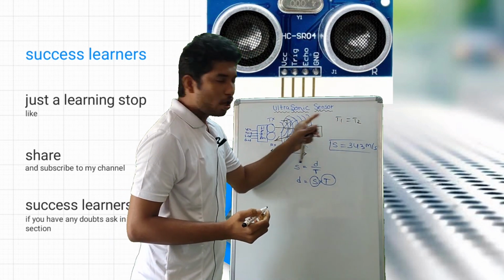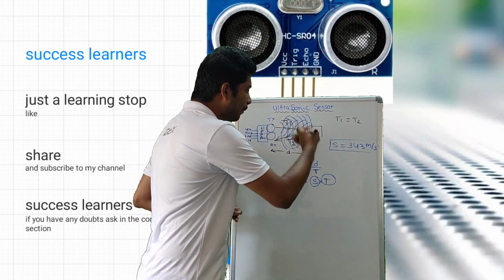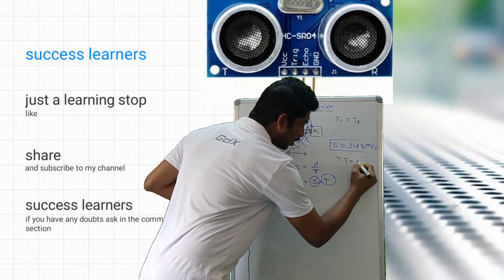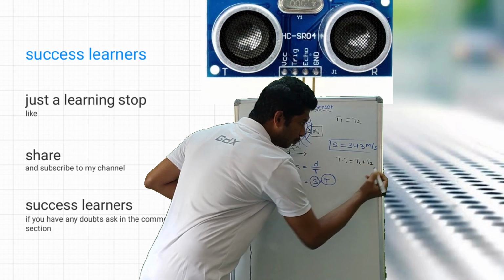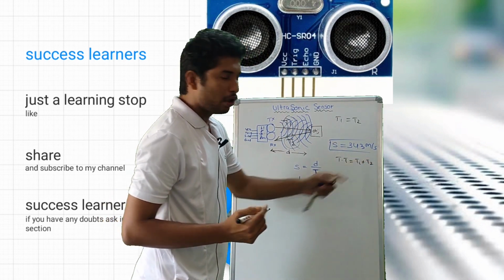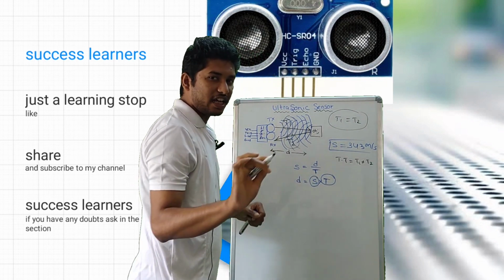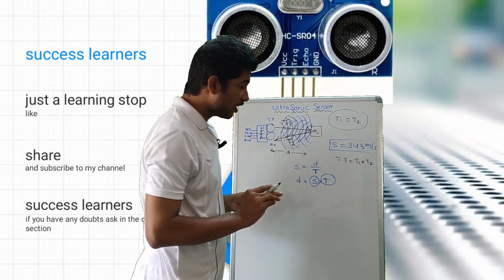So the total time covering the entire path is t1 plus t2. Here we have the property that t1 equals t2 when stationary. This will be applicable in stationary cases only.